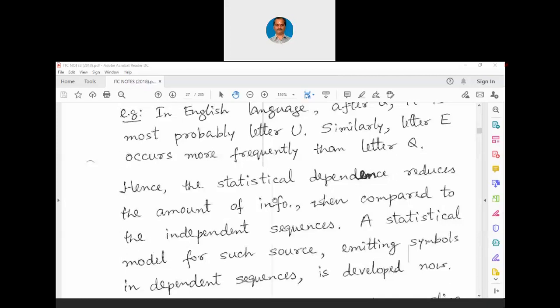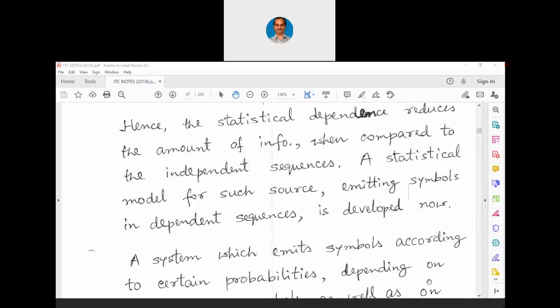That is the meaning of this statement. So it reduces the amount of information when compared to the independent sequences. A statistical model for such a source emitting symbols in dependent sequences is developed now. That is this Markov model.